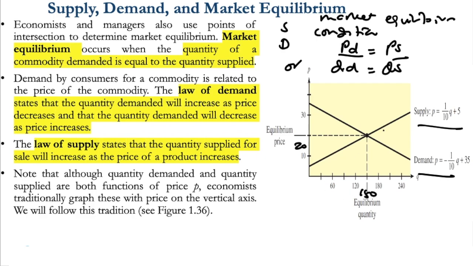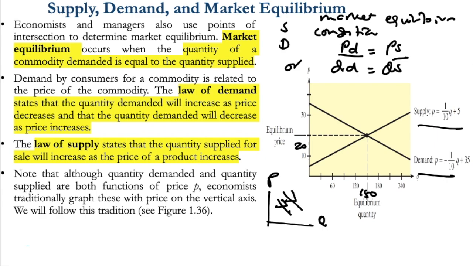Okay, so here you can see clearly in this market equilibrium system, you have two lines. The first one is supply, the second one is demand. They can intersect each other if they go in different directions. If they go in the same direction, for instance like this, then they are parallel, then they cannot meet each other, isn't it?